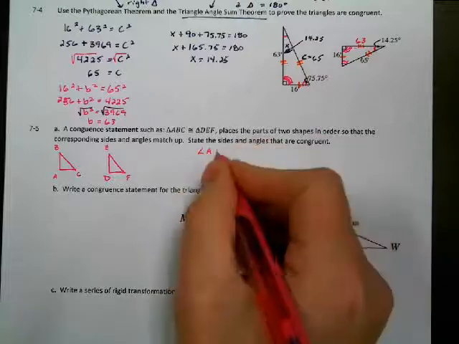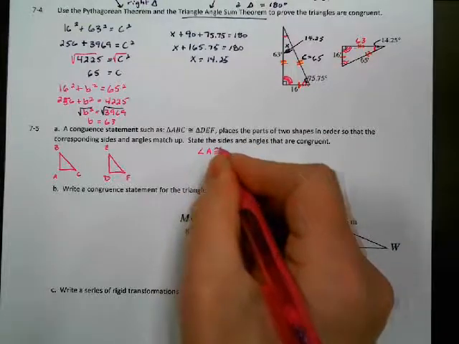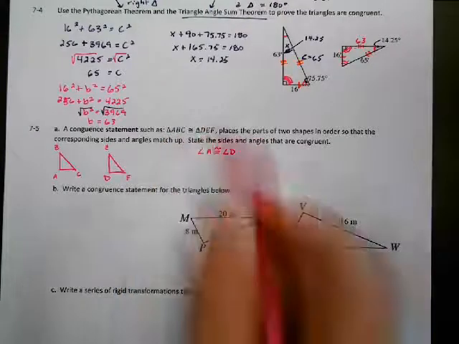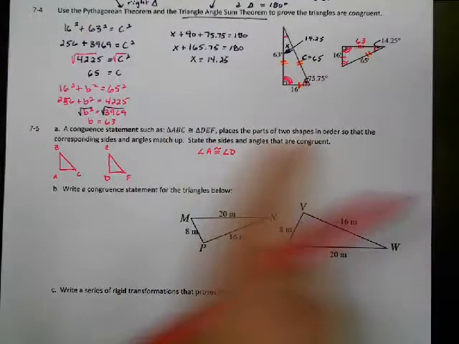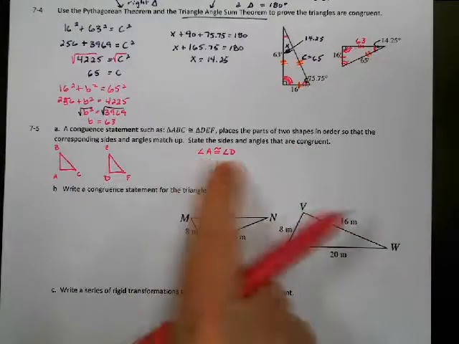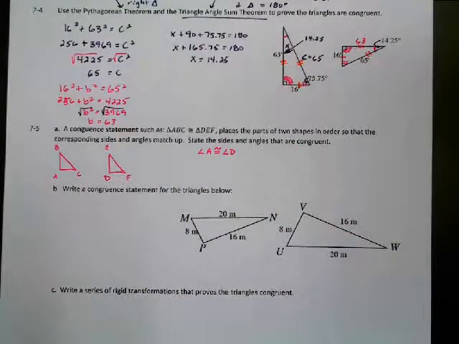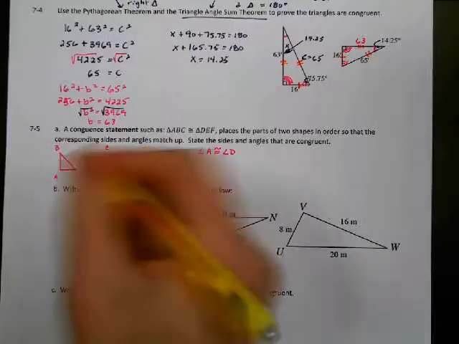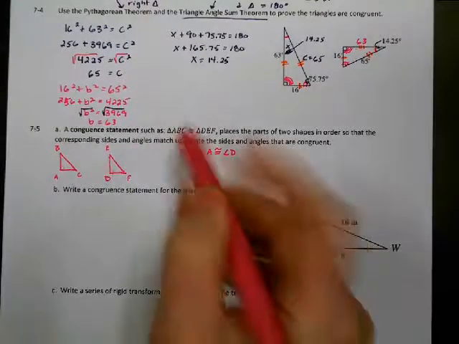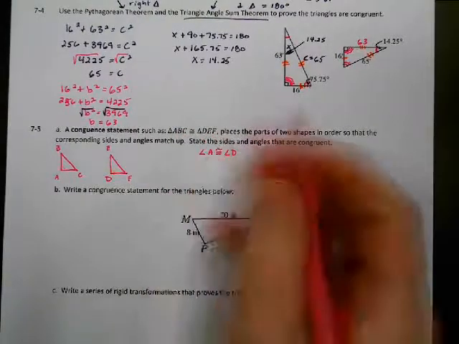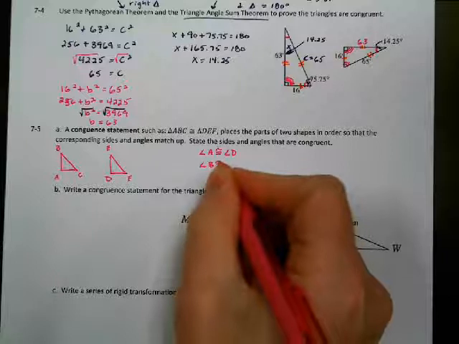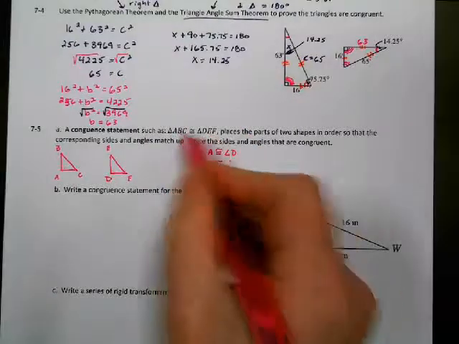So we're doing all the parts, we're stating all the sides and angles that are congruent. So A and D, those two would be congruent to each other. So this angle and this angle are the same. Next in order, B and E. So we can say that angle B is congruent to angle E from the other triangle. Then we've got angle C matches with angle F.